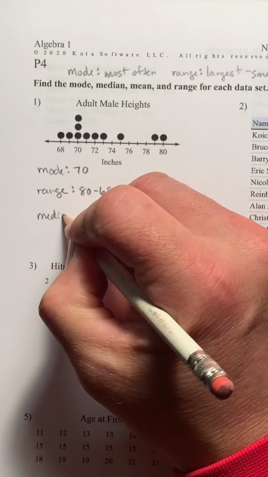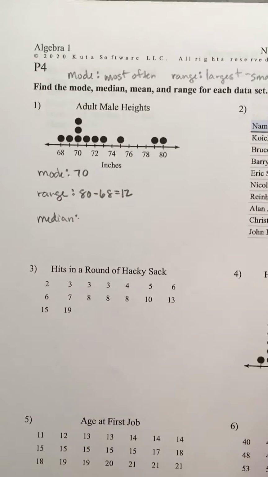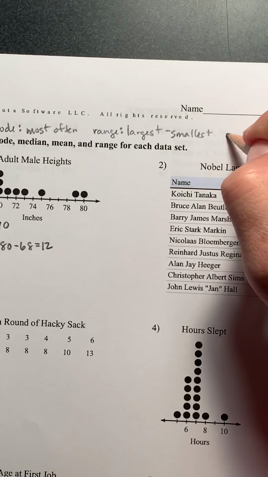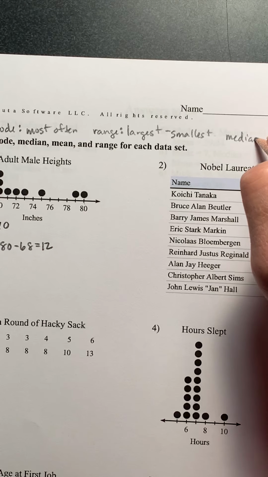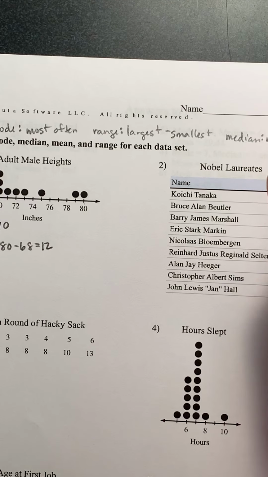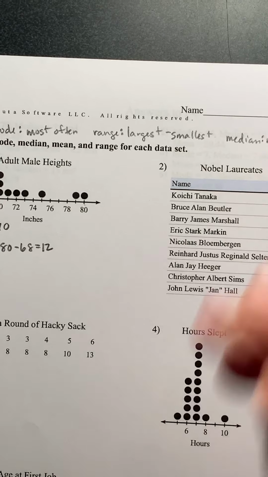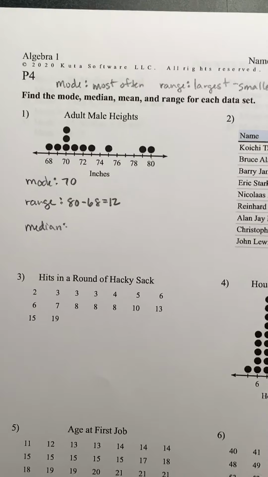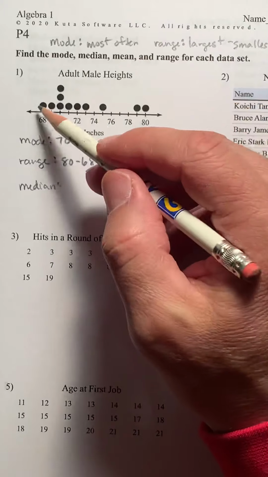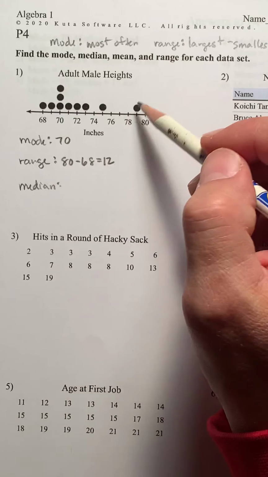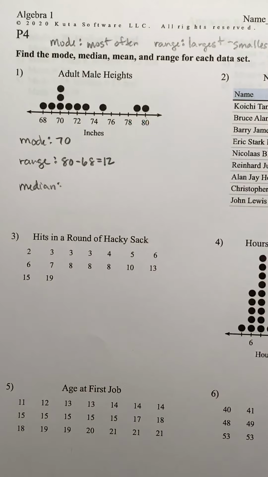The median, another word for median is middle. Just jot down a little note here. The median is middle. All right, so if you notice, our data points are all in order, of course, right? In a graph, they're going to be. Our job is to find out, well, where's that middle data point?